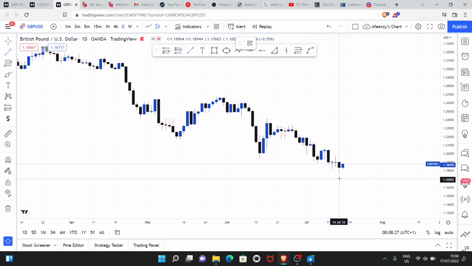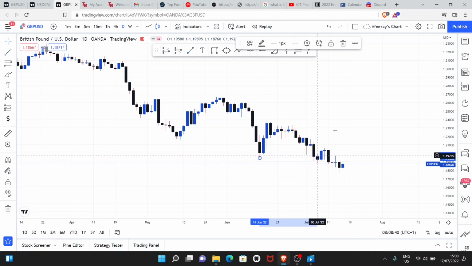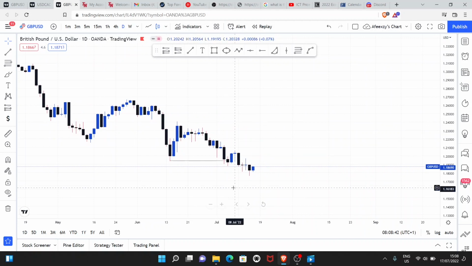First, we see that we are very bearish, but I can see something here. I see this as maybe a liquidity grab at this point, a sell side liquidity grab.